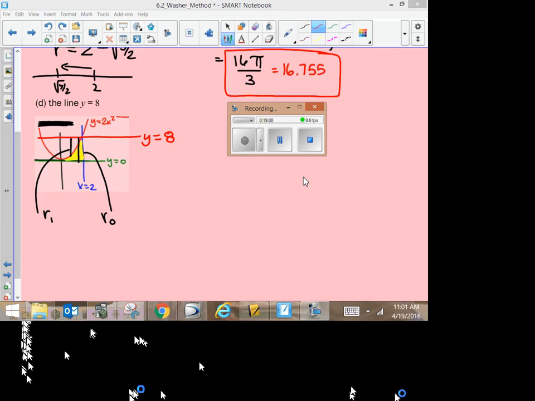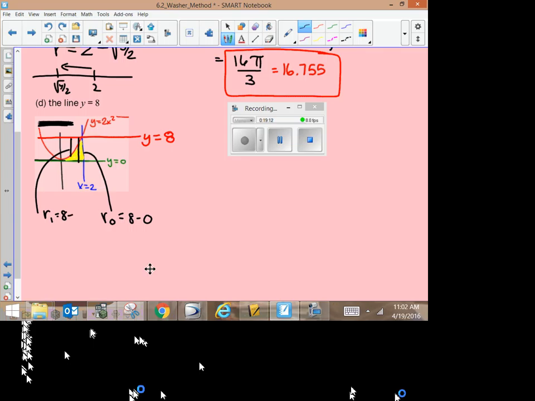So, R out. 8 is the top, 0 is the bottom. So 8 minus 0. Okay. 8 is the top. We are in terms of x. So 2x squared is the bottom. Okay.